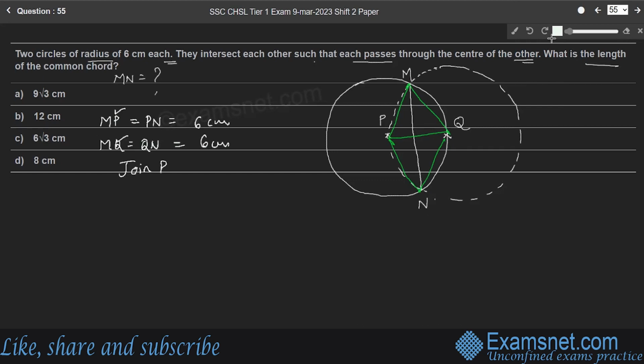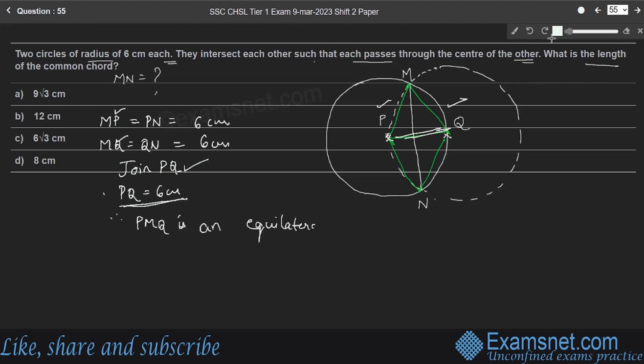Here P is the center of the first circle and Q is a point on the circumference of the first circle. Therefore, PQ is also 6 centimeter, because PQ becomes a radius of the first circle. Therefore, after joining P and Q, PQ is 6 centimeter. Therefore, PMQ is an equilateral triangle.